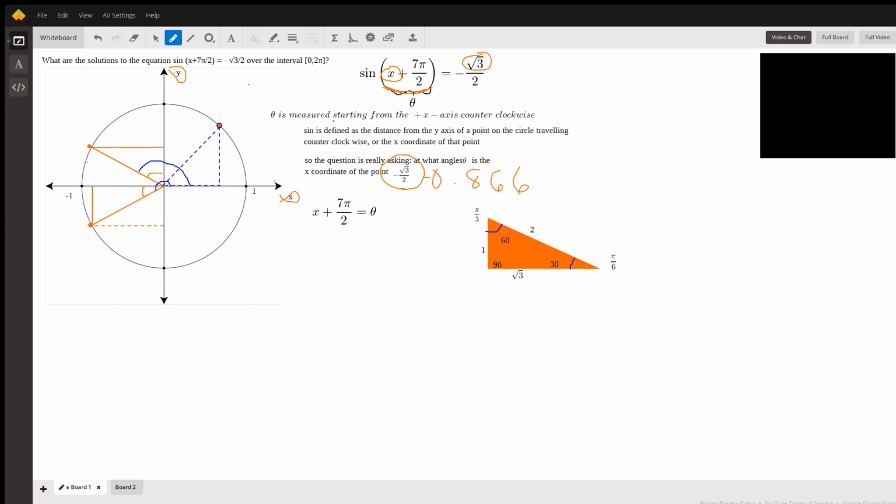Now, I see that pesky square root of 3, but I know from my work with Pythagorean triples a specific triangle that has a square root of 3 in it. And it's this triangle right here. It's a 30, 60, 90 triangle with the side lengths: the shorter side 1, the hypotenuse 2, and the longer side square root 3. Okay.